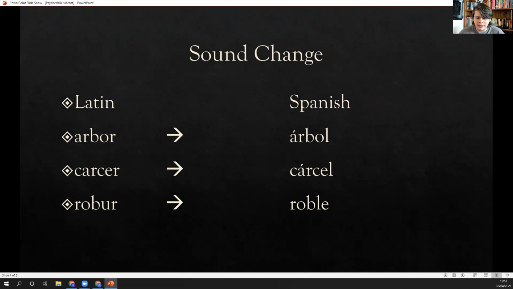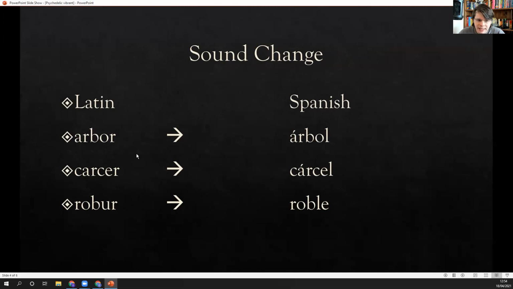Okay, so how do languages change? Well, they can change in many different ways. For example, you can have sound change, so the sounds of your language can change. If we think about some examples of Spanish words which come from Latin, not all Spanish words come from Latin, of course, but the vast majority do. So in Spanish, arbor has become árbol, and carcer has become cárcel, and robur has become roble.